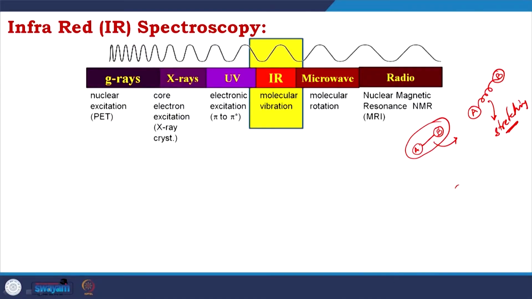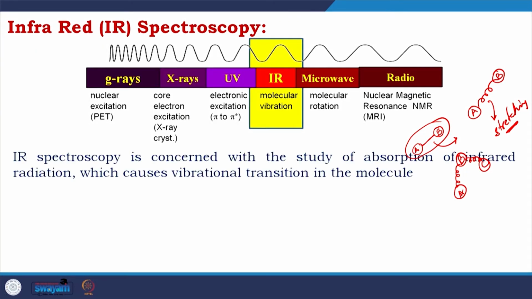Again, if you have 3 atoms, you connect them with springs and you look at the bending. So, that is where infrared or IR spectroscopy works. IR spectroscopy is concerned with the study of absorption of infrared radiation, which causes vibrational transitions in the molecule.